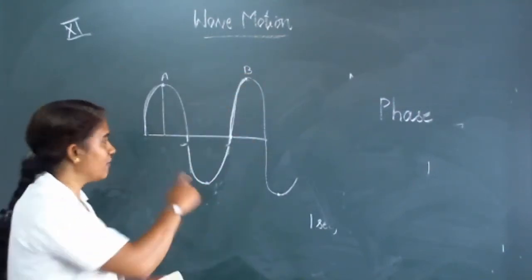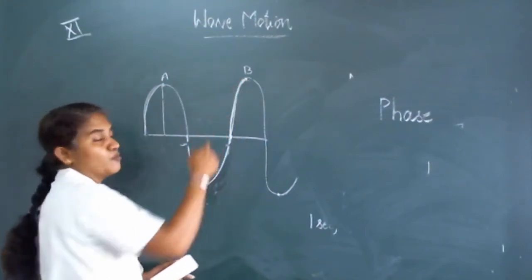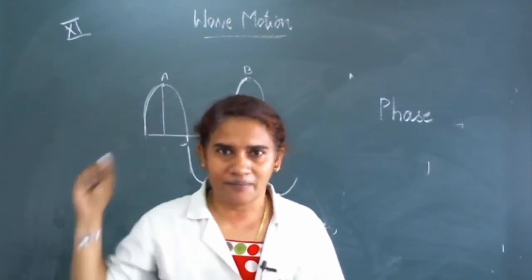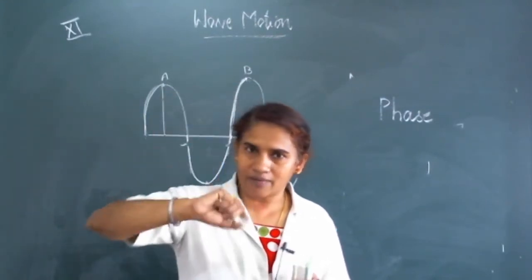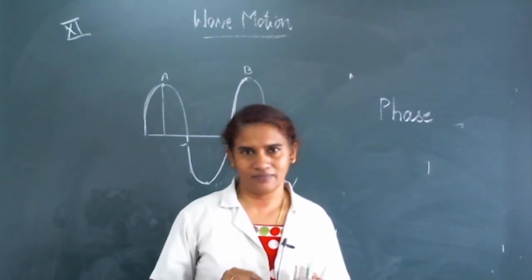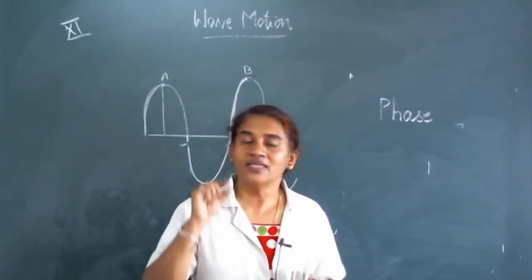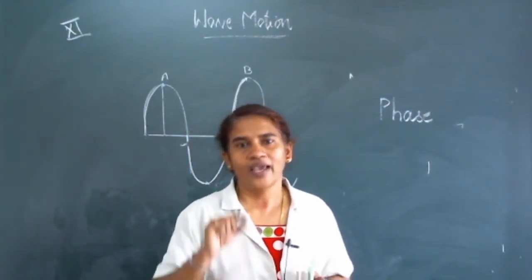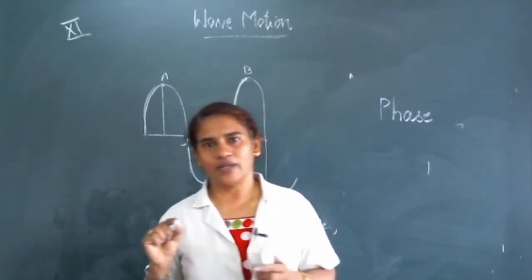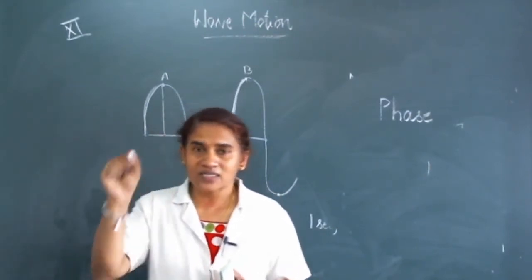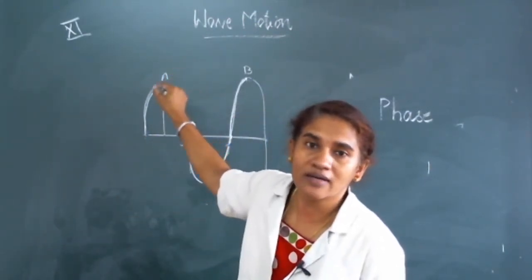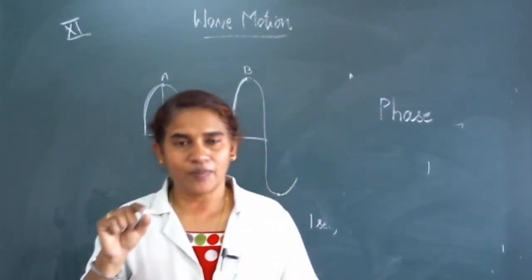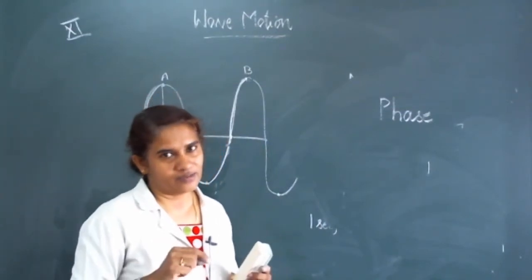After completing one wave, A is displaced from the mean position by some amount, and B is displaced in the same manner. So their positions are the same. Then A and B are in phase. They have the same displacement. Thus, the position of a particle is explained by a term called phase.